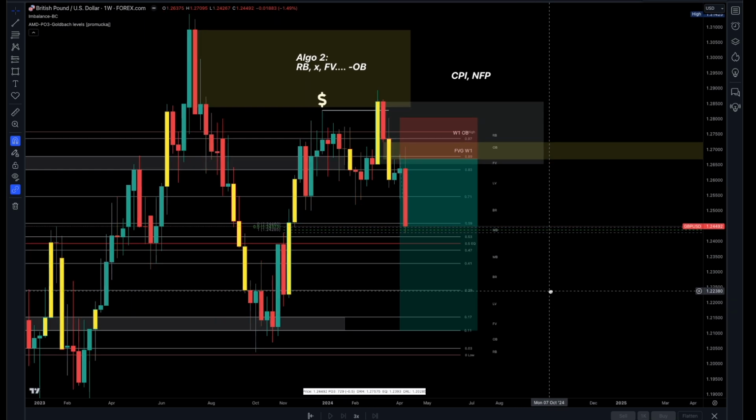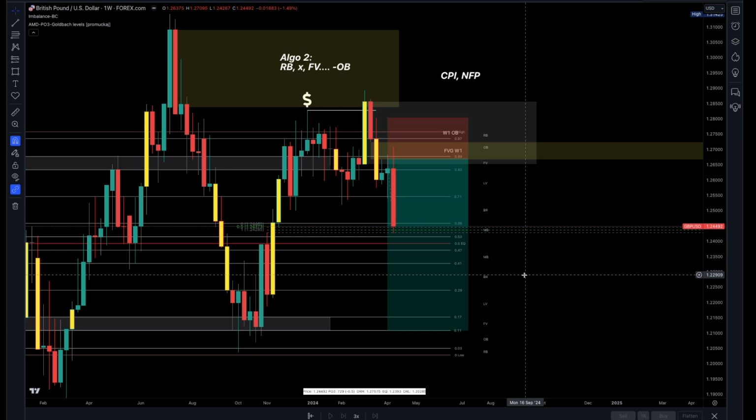So let me recap this trade. I had a macroeconomic reason why I wanted to be short GBP against USD, and that was the escalation of the conflict between Russia and NATO in Europe, where my thesis is Great Britain will be more affected than the dollar or the United States.